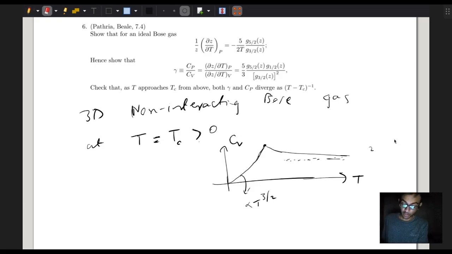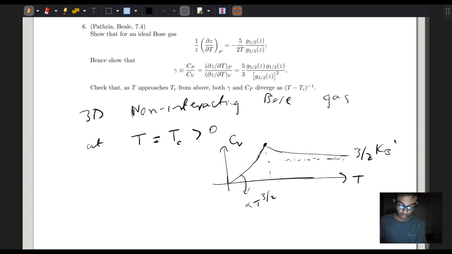The specific heat is 3/2 k_B, the classical result, and it approaches this. The important point here is that there's a cusp in the specific heat at the critical point. This is the specific heat at constant volume.